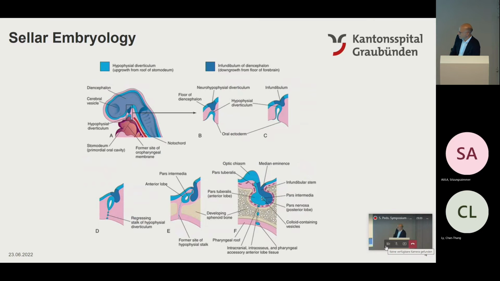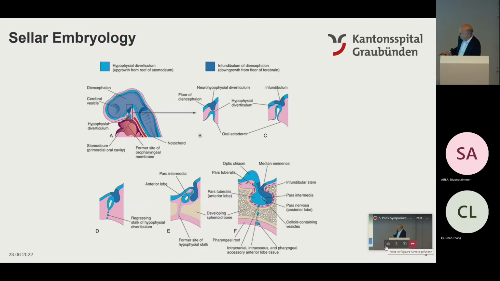This slide is a bit more busy, but it shows in this sketch the craniopharyngeal duct, and along this duct some remaining tissue from the adenohypophysis can remain.